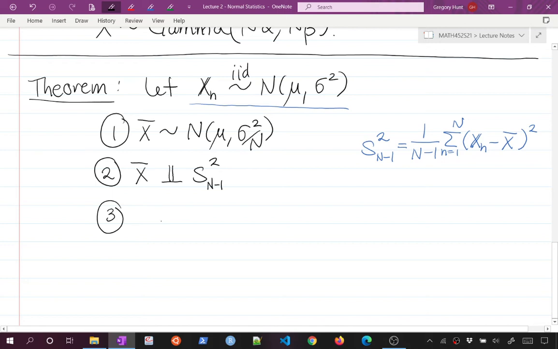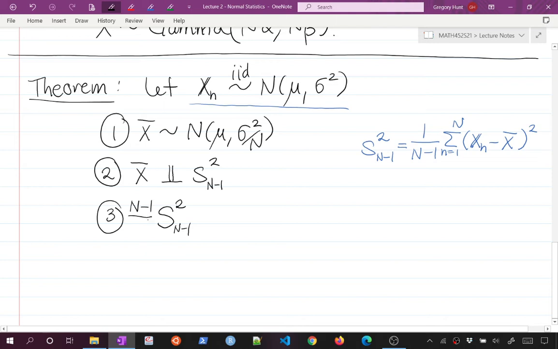The third fact tells us something about the distribution of s squared itself. So we like to say that s squared has some known, nice distribution. The way that this is typically written is we have to properly scale it.